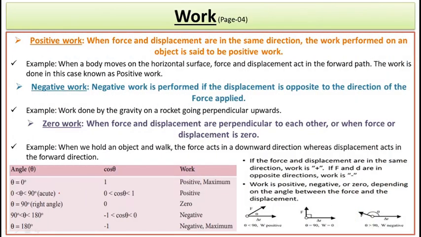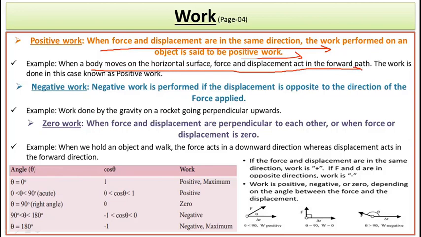Now, let's understand the three forms of work done: positive, negative and zero. When force and displacement are in the same direction, the work done is positive, such as when a body is moving on a horizontal surface and the direction of force applied and the direction of displacement are both forward. Whereas if the body is moving in the completely opposite direction to the force applied, then the work done will be negative, such as the work done by gravity on a rocket going perpendicularly upwards.